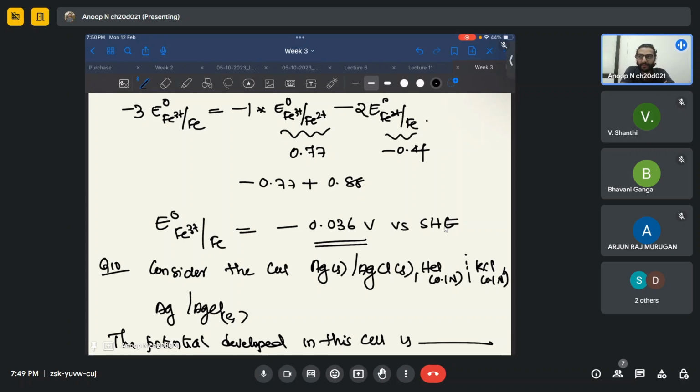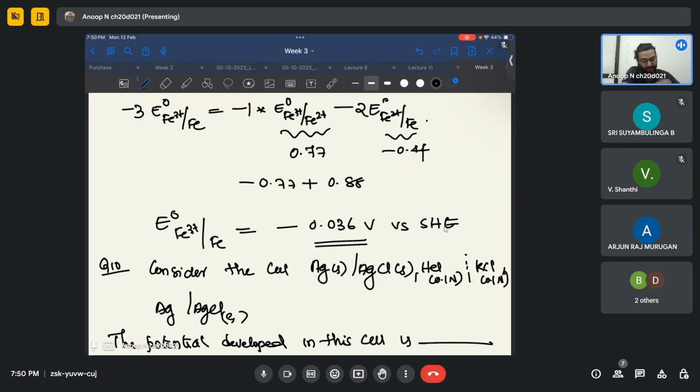So if I connect a voltmeter, what will be the voltmeter reading? Anyone? Answer is correct, but the potential developed is, we will call it a specific potential. What is that potential? It is not galvanic potential.